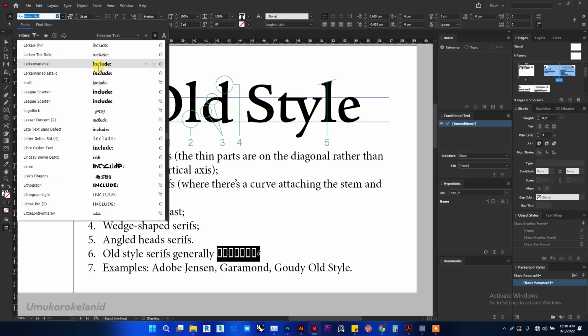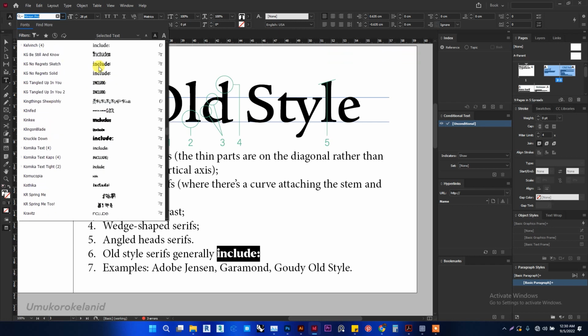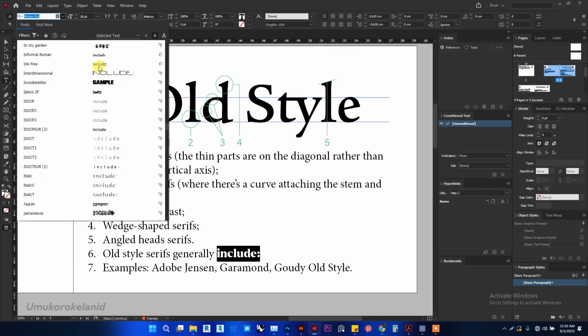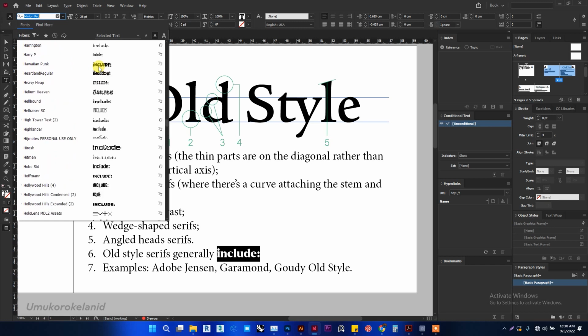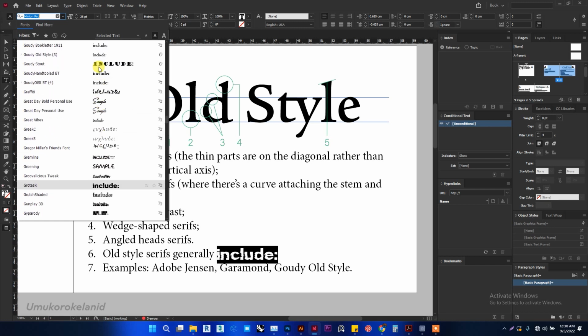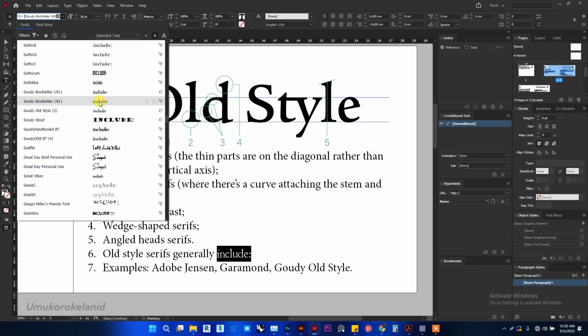I'm trying to pick out a serif font aside from what I've used. Okay, this is a perfect example of the serif fonts. That's the Goudy that we are talking about.